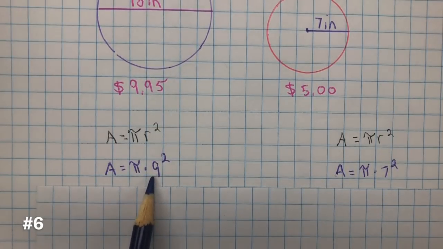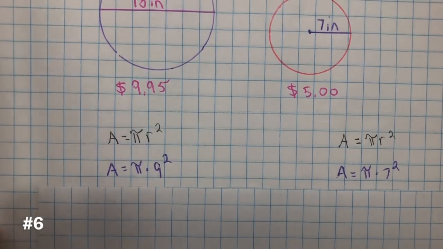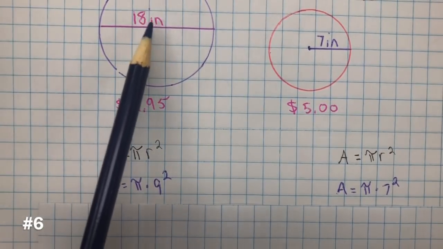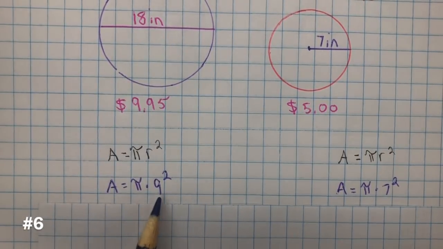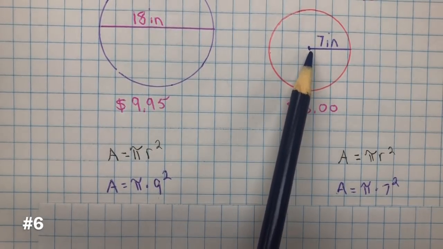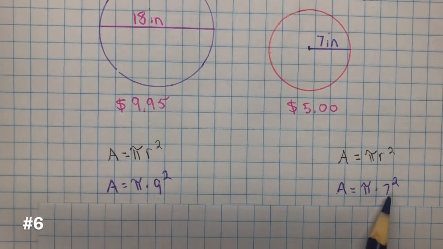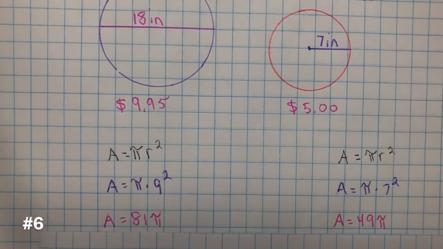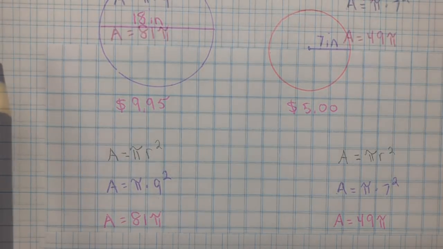I have the radius of the Costco pizza here, which the diameter is 18, so the radius is 9. For Little Caesars, the radius is 7, so I have 7 squared. 9 squared is 81, 7 squared is 49.